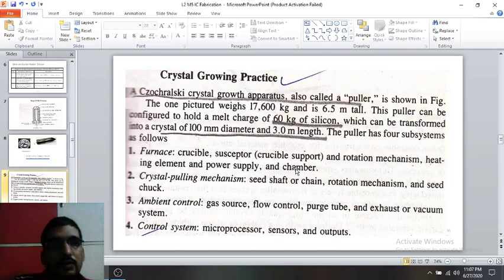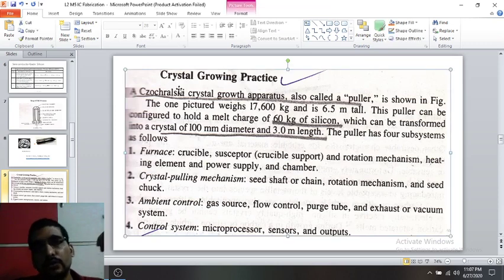The widely known methods are the Czochralski method or the float zone method. I am going to present some detail about the Czochralski method. In the Czochralski crystal growth apparatus, also called a puller, this is text which I have taken from one standard book.